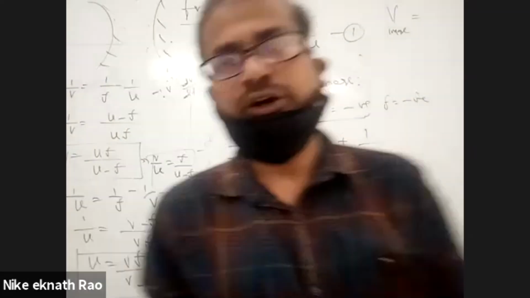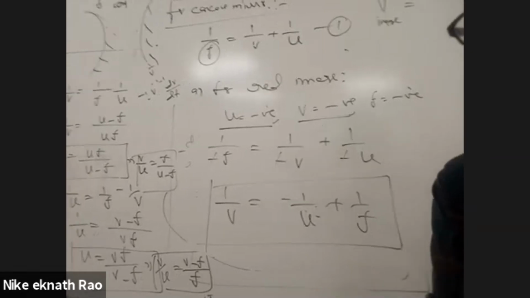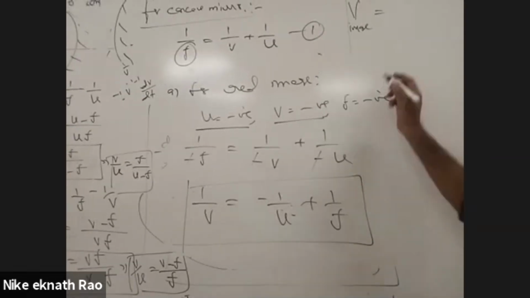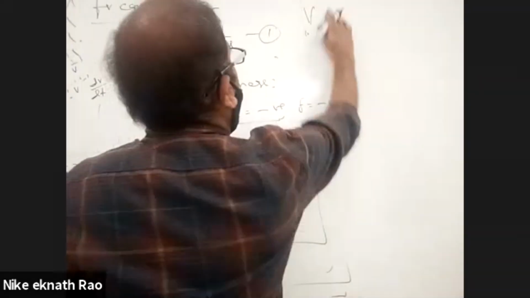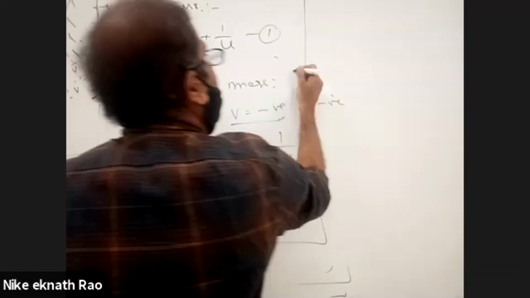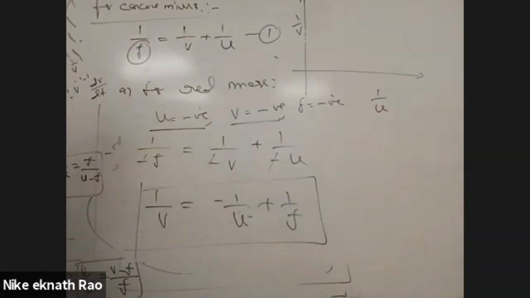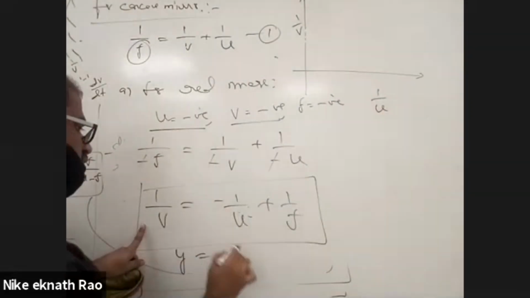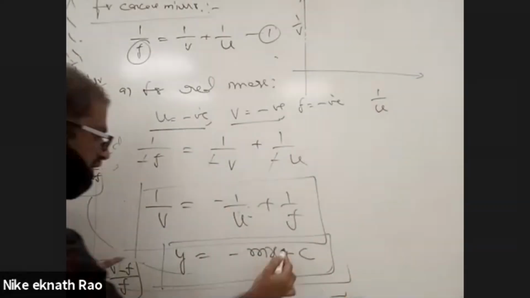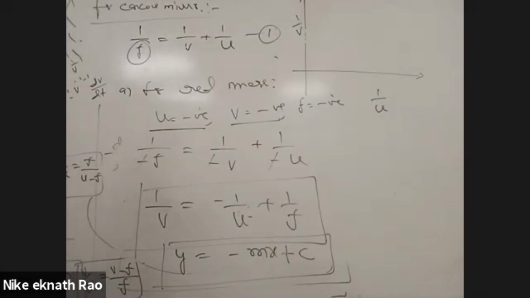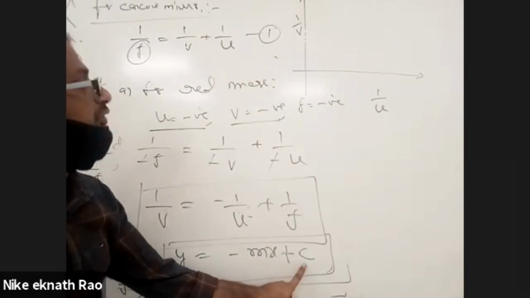Now draw the graph. How to draw the graph? If I draw it, it will look like this. 1 by v on the y-axis, 1 by u on the x-axis. This is y is equal to minus mx plus c form. Minus means negative slope and the y-intercept is positive.